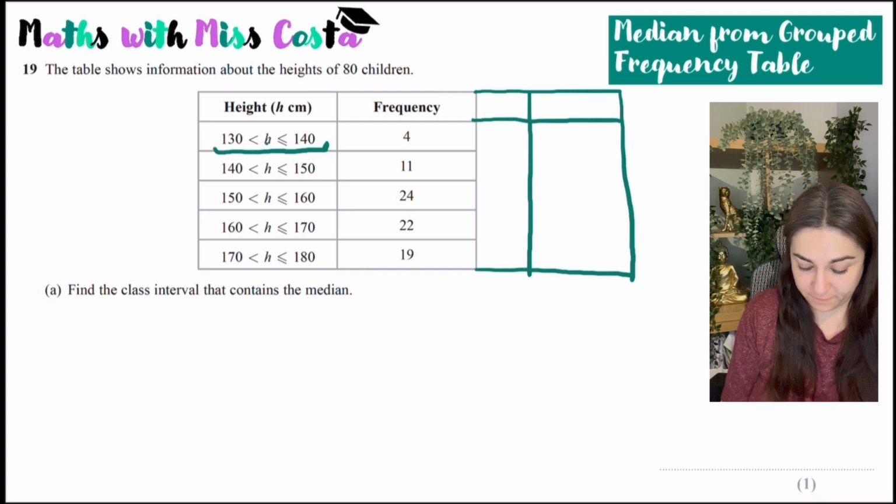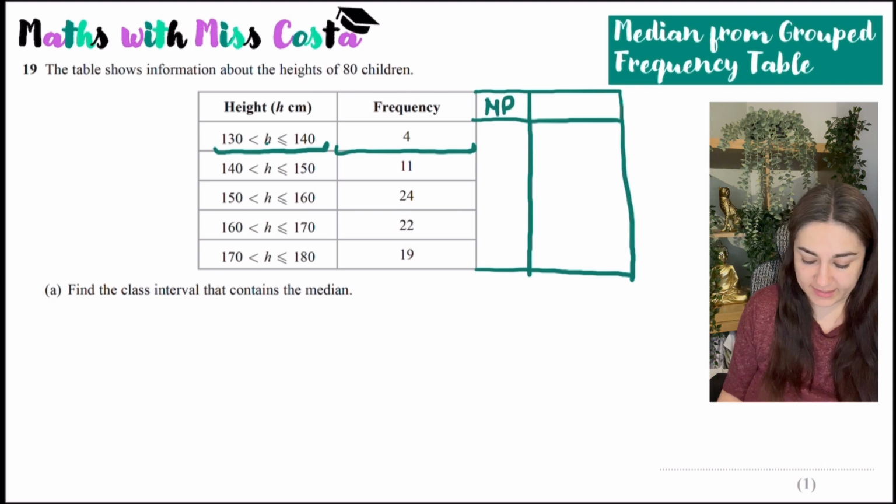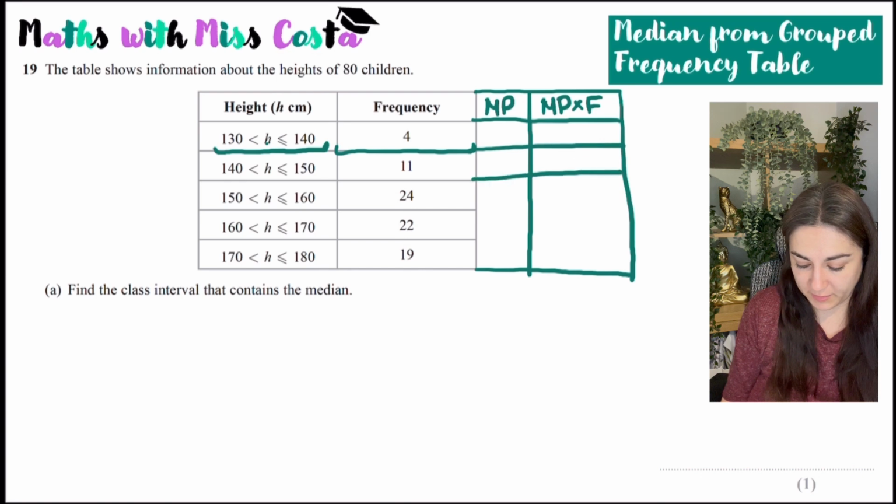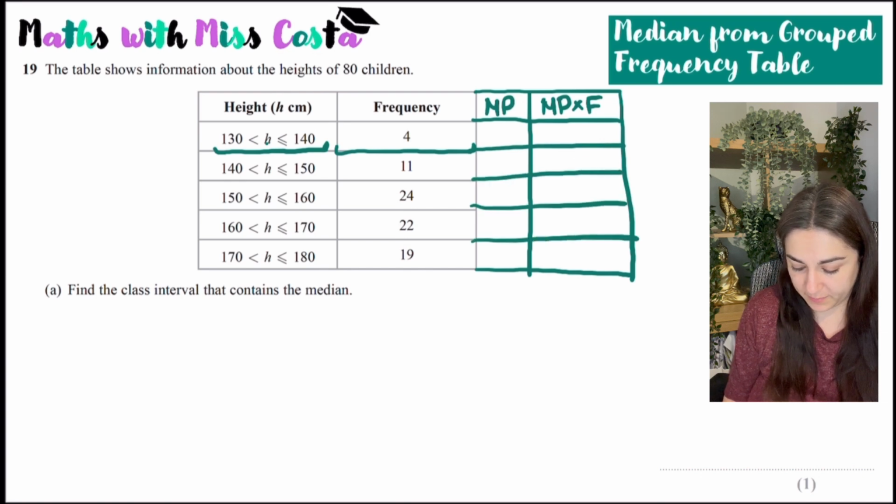It means that in the first column, the height is greater than 130 and less than or equal to 140. And 4 people have this height. So what I do is I find the midpoint first, and then in this column, I do the midpoint times by the frequency. So that will make a bit more sense once we do a few.